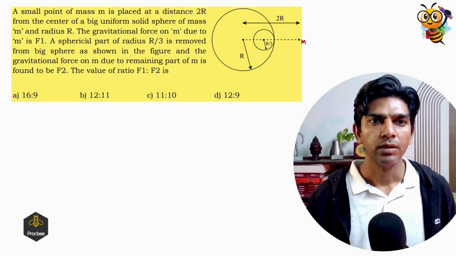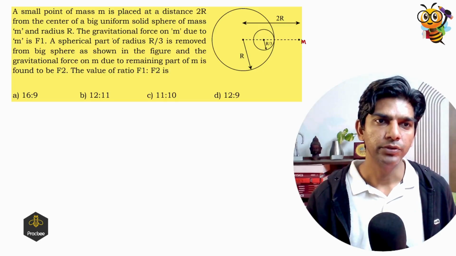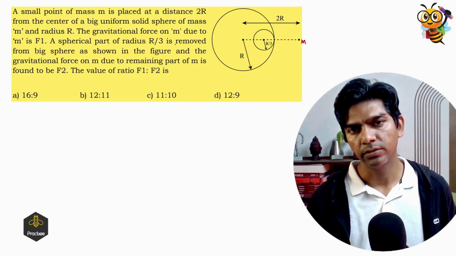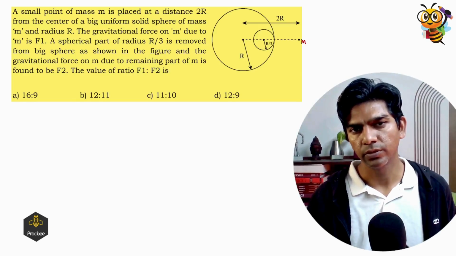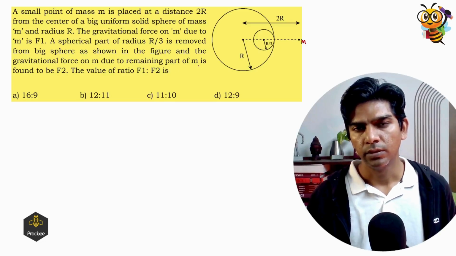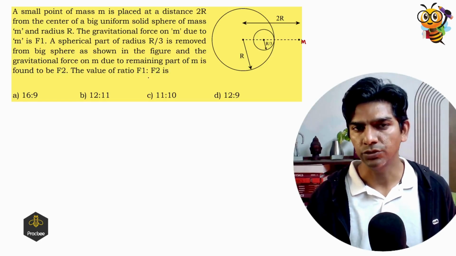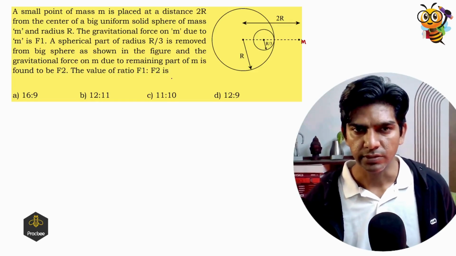The gravitational force on mass m due to the big sphere is F1. A spherical part of radius r by 3 is removed from the big sphere as shown in the figure, and the gravitational force on m due to the remaining part is found to be F2. So we have to find the ratio of the forces F1 and F2.